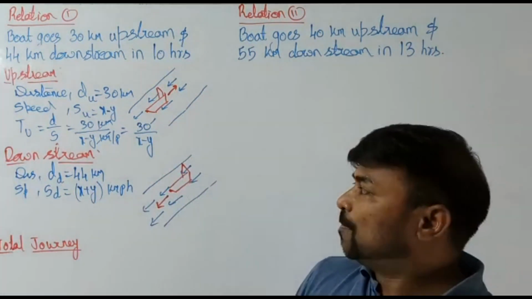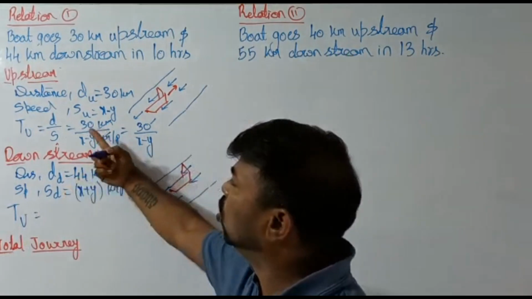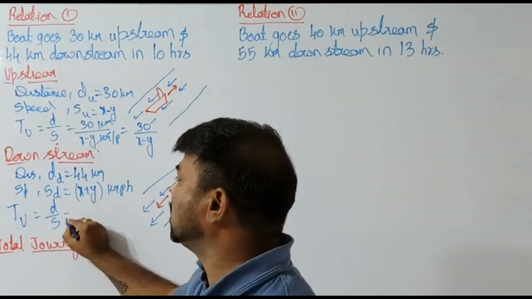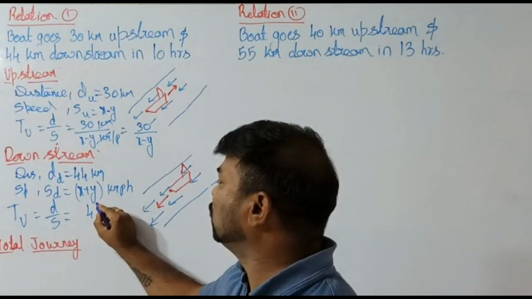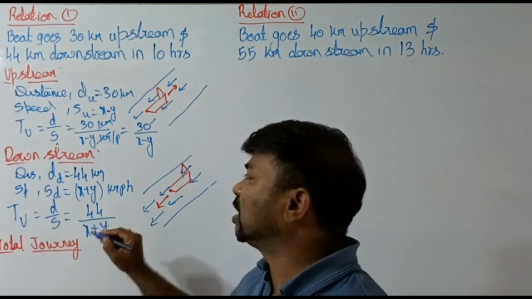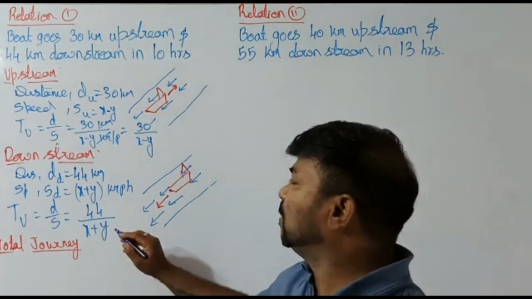Right, kilometers per hour. Now, what is the time for the downstream? As you all know, time is always calculated by distance by speed. What is the distance? 44. And what is the speed? x plus y kilometers per hour.